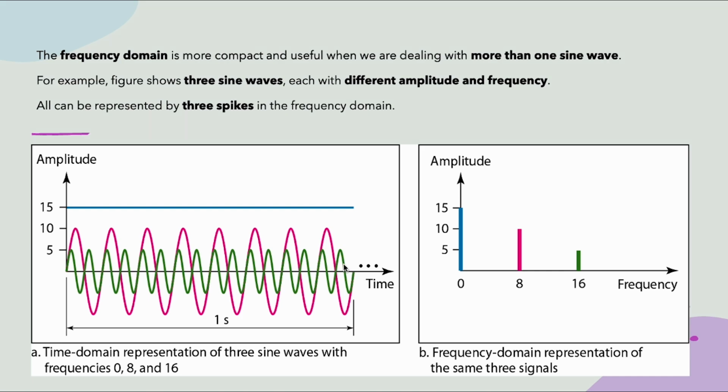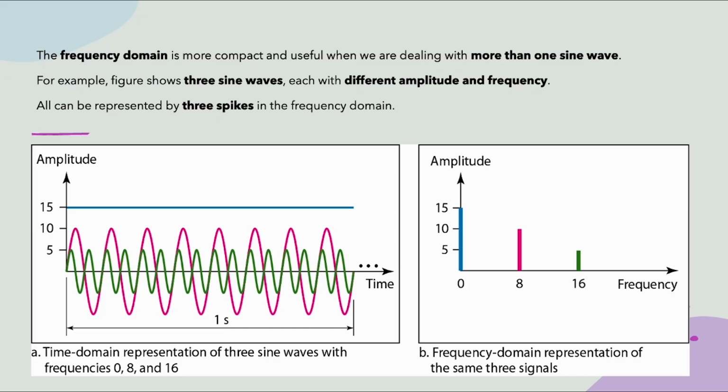The green one completes 16 cycles in 1 second, and then we have the one in which the amplitude remains constant, so the frequency is 0. Once this information starts to get complicated, as you can see there are 3 different waves here.